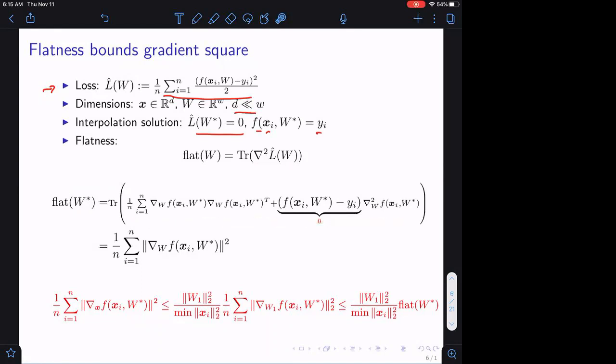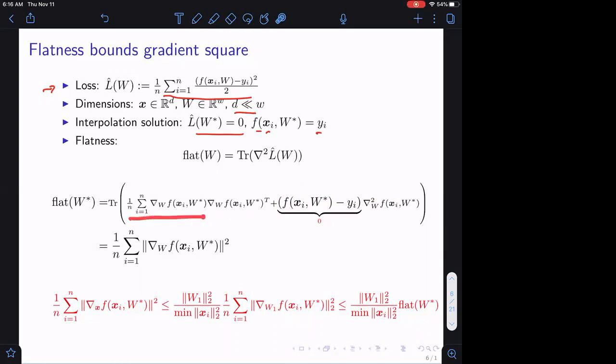But luckily, if my solution is interpolating as we have assumed, the model function is going to fit the data perfectly. Therefore, f(xi, w star) minus y is exactly equal to 0. So the second term totally drops out. The term associated with the second order derivative of my model function drops out, and the only thing I have left is the first order derivative of my model function.